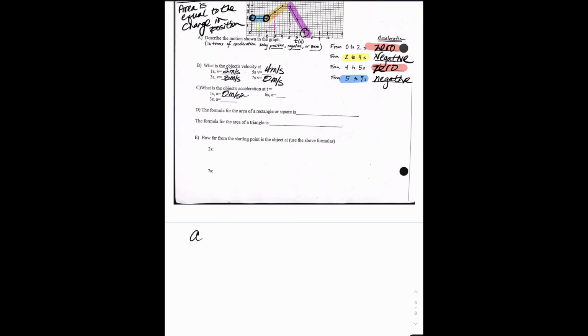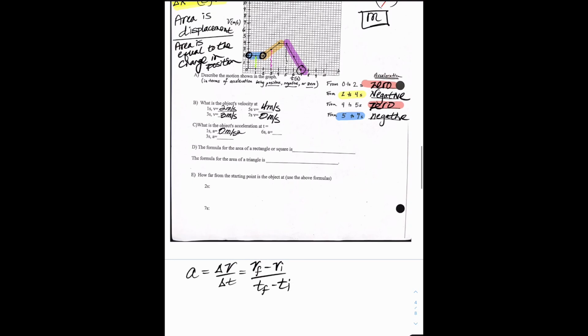So slope is the acceleration, which is equal to delta V over delta T, which is equal to VF minus VI over TF minus TI. Now, if I look up here, let's do the times first, because I think it's easier. We have 2 seconds for the first dot, and then 0 seconds for the second dot.